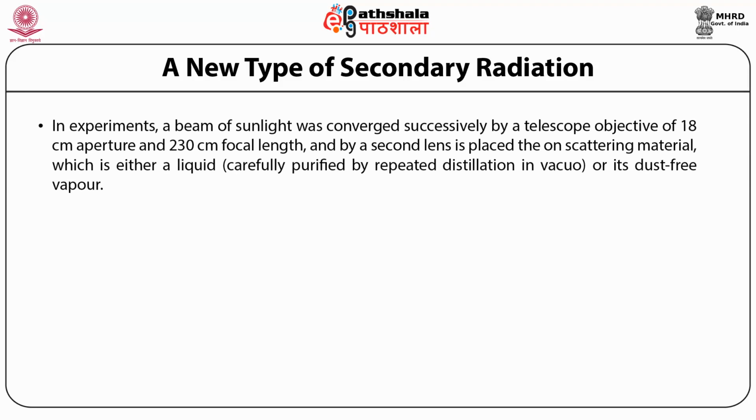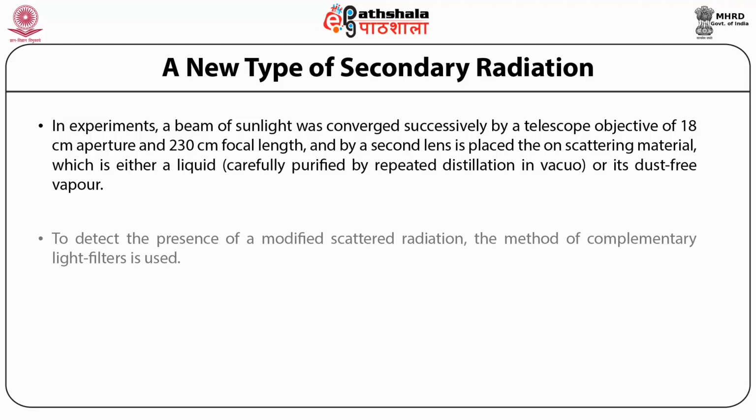In the experiments, a beam of sunlight is converged successively by a telescopic objective of 18 cm aperture and 230 cm focal length, and by a second lens onto the scattering material, which is either a liquid carefully purified by repeated distillation in vacuum, or a dust-free vapor.